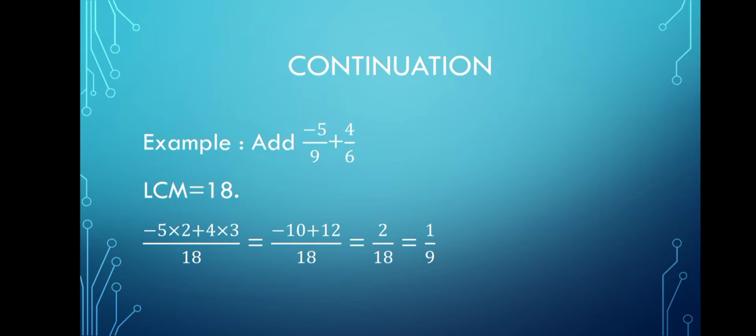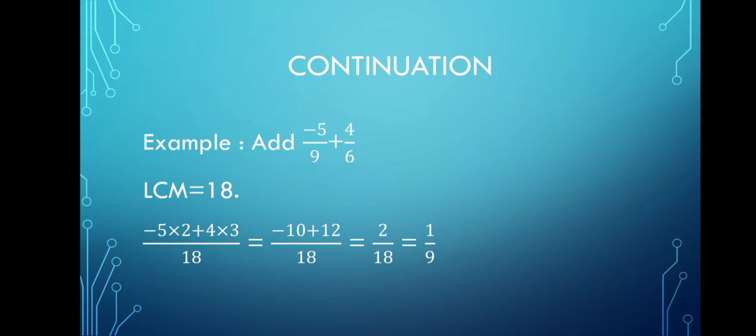Same as fractions, we have to take the LCM first. The LCM of the denominators is 18. So we have to change into like fractions. See, minus 5 into 2 plus 4 into 3 divided by 18. You see here, minus 5 by 9 into 2 is how much? It's minus 10 by 18.